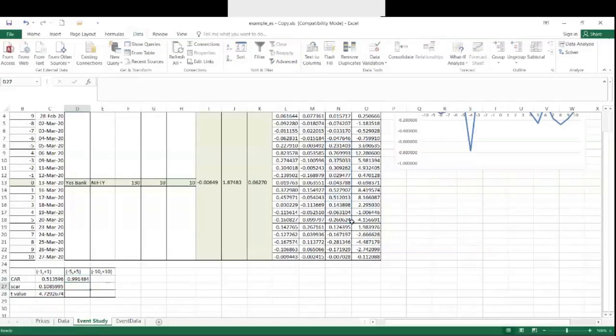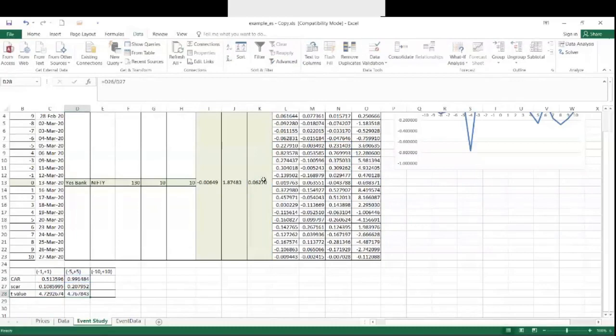Similarly, we calculate the standard deviation, which is the root mean square error times SQRT of the length, here 11 days, so 10 plus the day of the event. And then we calculate the test statistic.